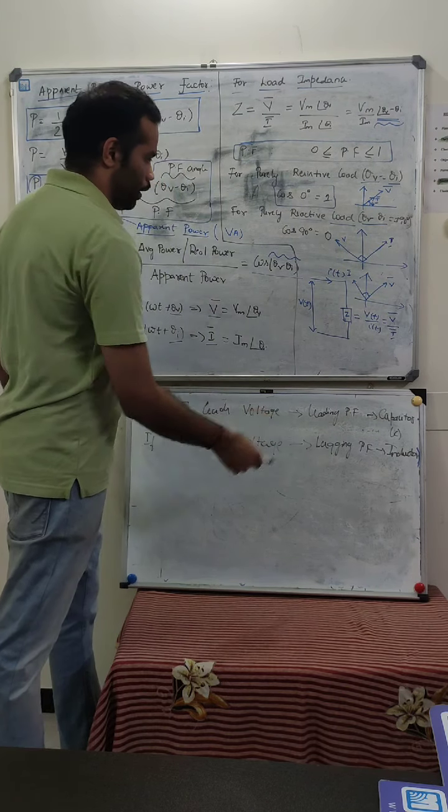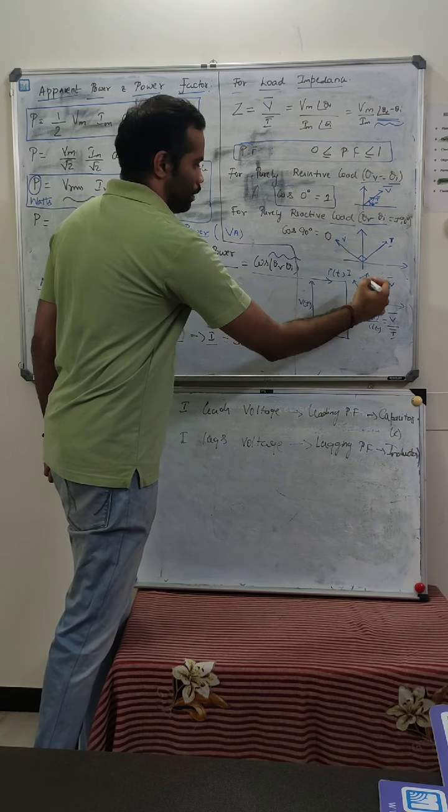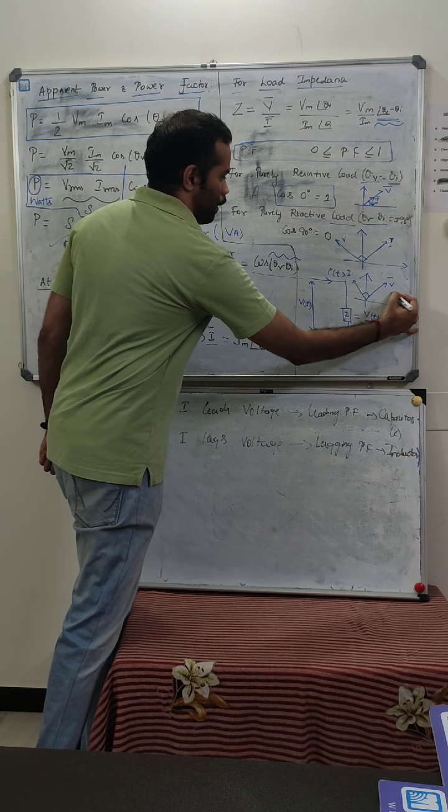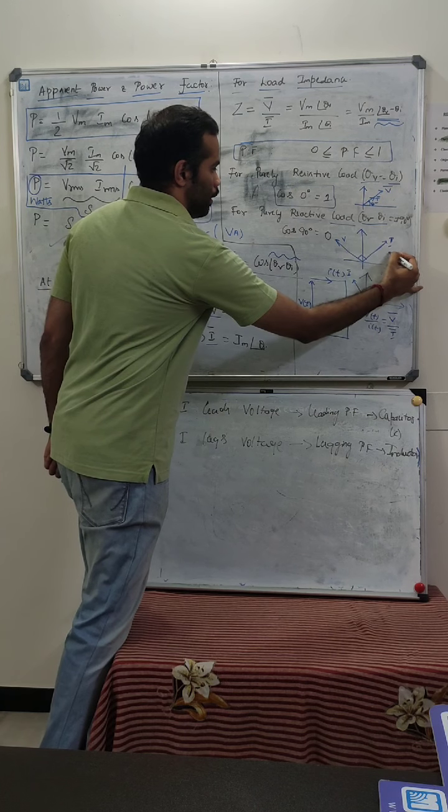So the current lags the voltage for the inductor, and here the current is leading, which is the capacitor side, and this is the inductor side.